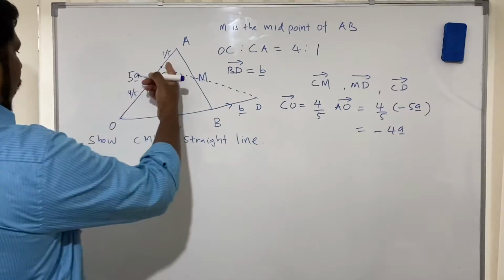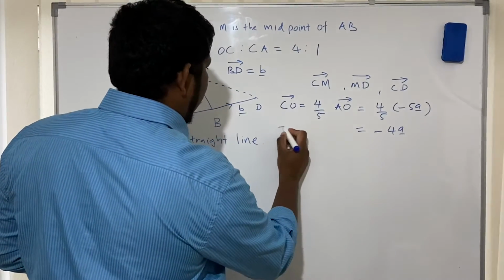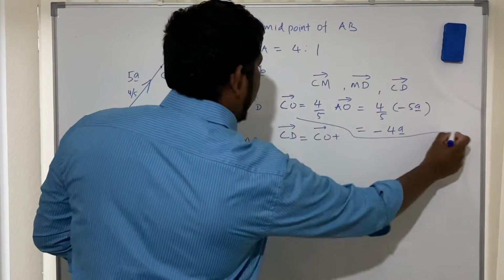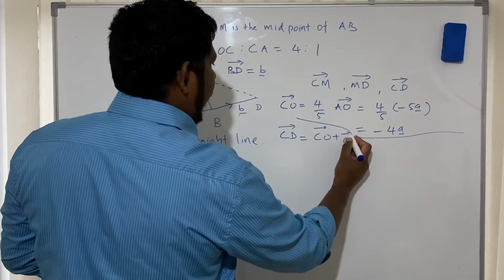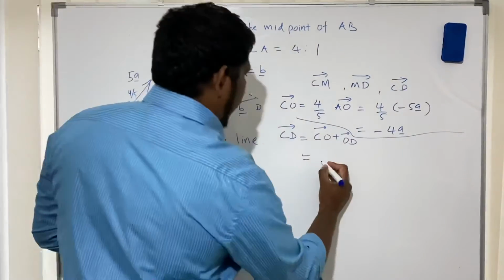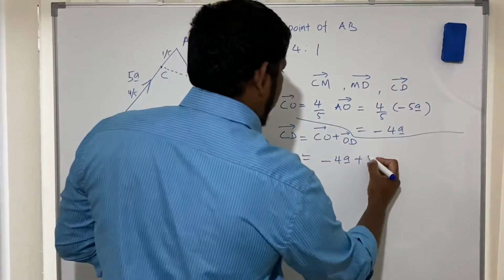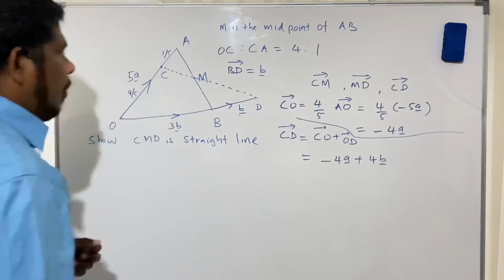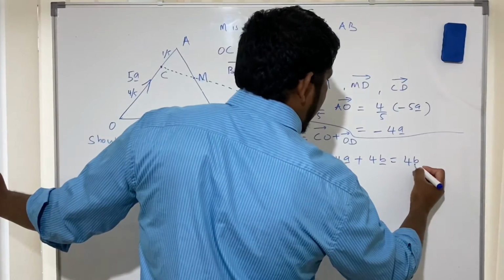Okay, vector CO is -4A. So we can find the CD now. Vector CD equals vector CO plus vector OD. So vector CO is -4A plus OD is 4B, because this is 3B plus B, vector 4B. So this is vector CD, so I can write down like this, 4B minus 4A.